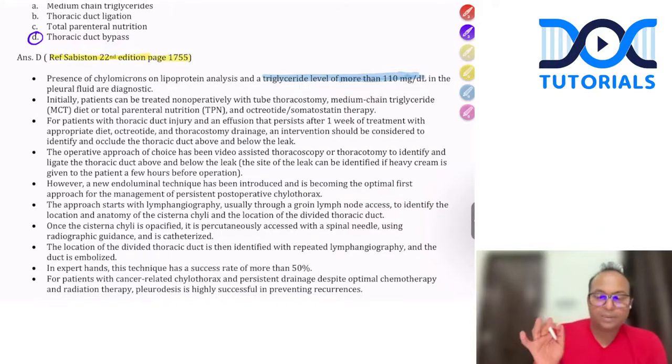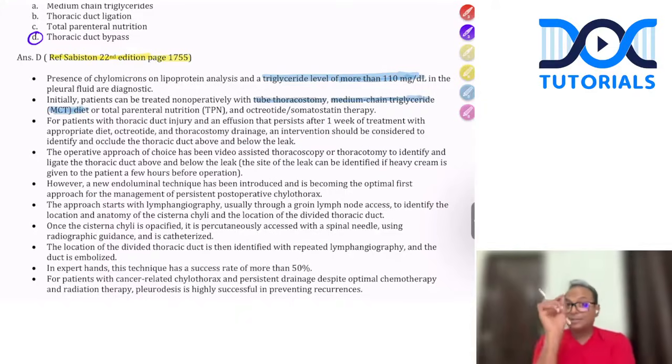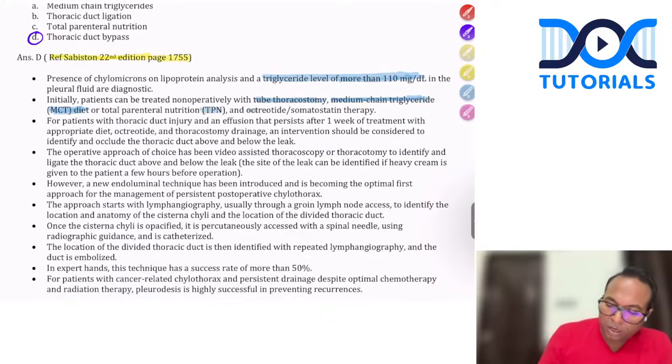Initially, I will do simple measures. If there is no ICD tube, put an intercostal tube and start medium chain triglyceride therapy, which is not absorbed through lymphatics. Medium chain triglycerides directly enter the venous circulation instead of going to the drain via lymphatics. That is the concept of medium chain triglycerides. Parenteral nutrition, octreotide or somatostatin is given.